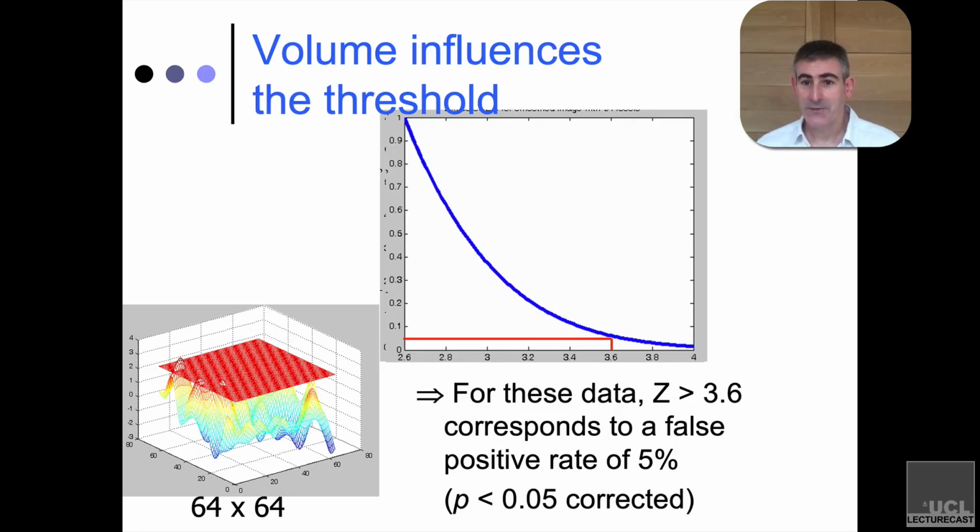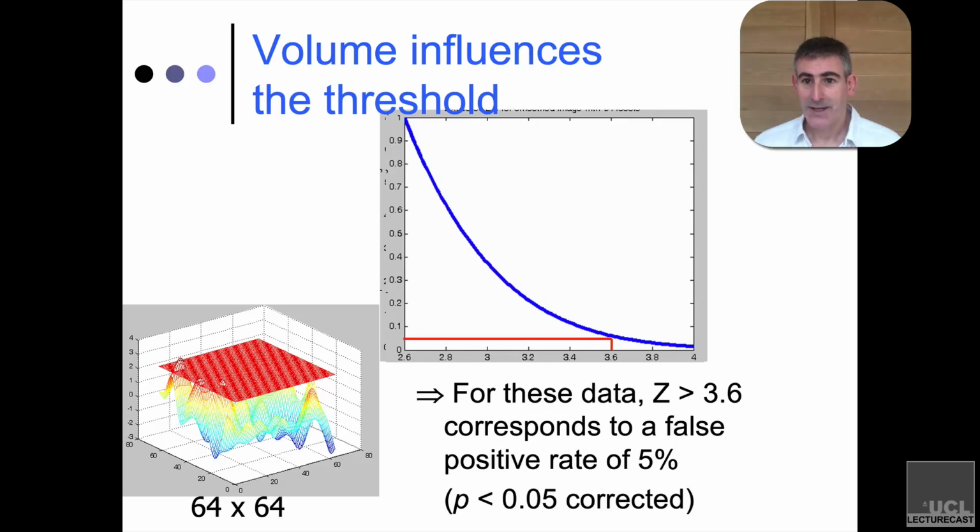And again, this illustrates some of the nonlinearity of this. So despite the fact that this volume is only a quarter as large as the one before it, there's a very small reduction from 3.9 to 3.6 in terms of what would constitute the correct height value to correct for the multiple comparisons and the number of resolution elements here, so that you still maintain a false positive rate of 1 in 20.